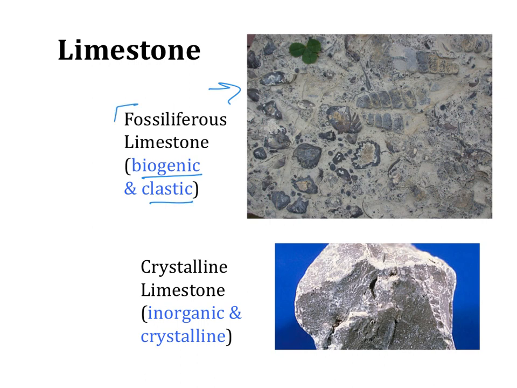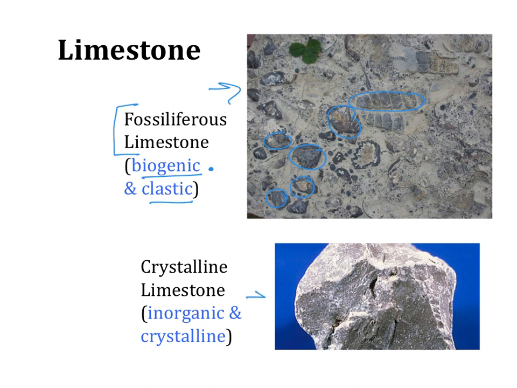It's sometimes called fossiliferous limestone. You have lots of fossils in here, but they are actually cemented together by some calcite crystals that also precipitated directly out of water. So it's kind of a combination, but we still consider it biogenic because it has these big fossils in it.